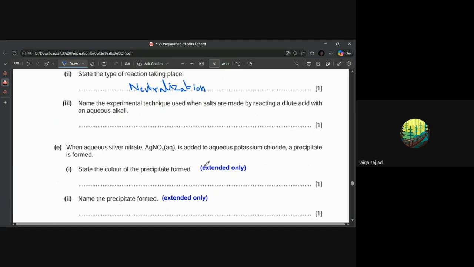To know the exact point of neutralization, which technique do we use? Titration. Very good, it's titration.